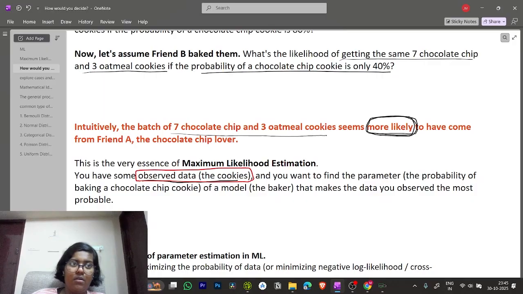The model. We have two models here. Model A is friend A, who likes chocolate chip cookies, and B, who likes variety. So 80% and 40% is the model that makes the data you observe the most probable. Understood? So we have understood the basics of what MLE is all about, maximum likelihood estimation.